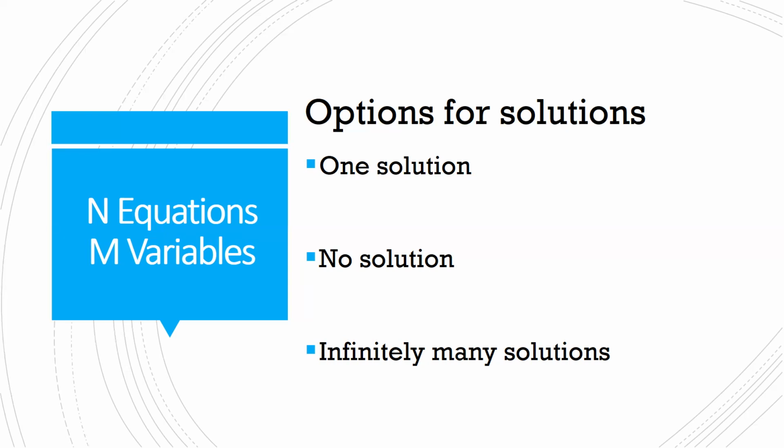Again, it's not graphically the same thing, because if you have more variables, then you have to graph in more dimensions. But we get the same types of solutions, either one, no solutions, or infinitely many solutions.